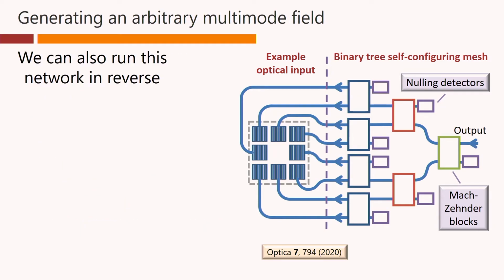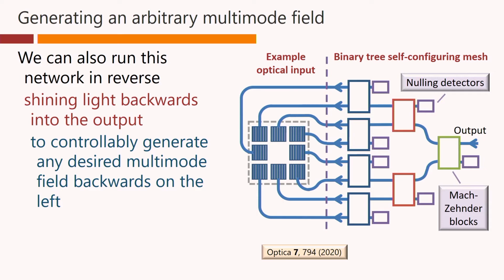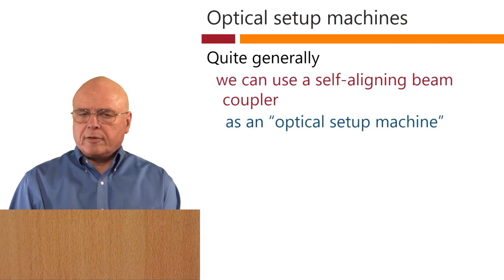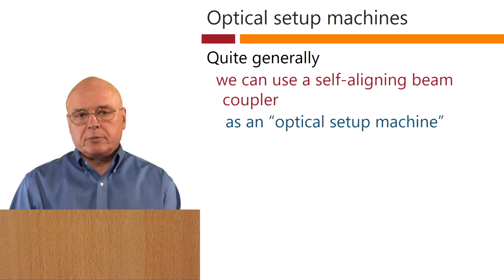Also, we can run this backwards to generate an arbitrary multimode field. In this case, we would shine light backwards into the output waveguide, and we would be able to controllably generate any desired multimode field backwards on the left. Quite generally, we can use a self-aligning beam coupler as what we could call an optical setup machine.